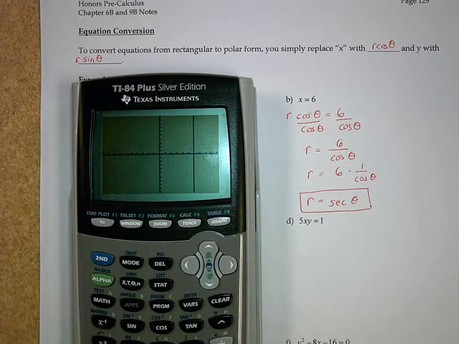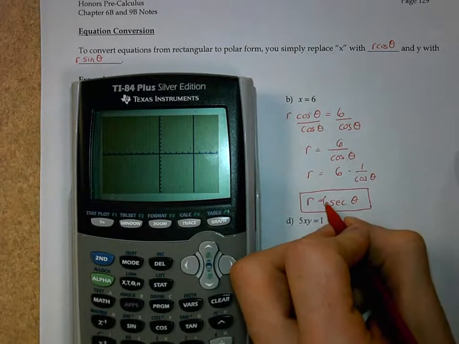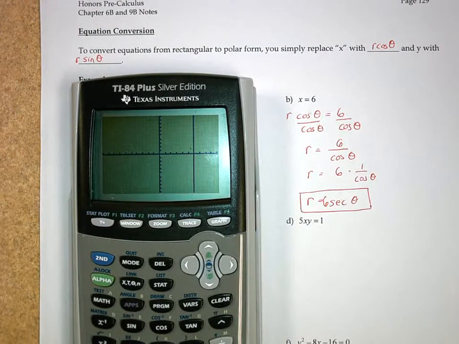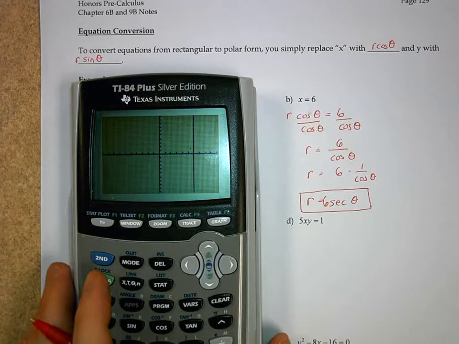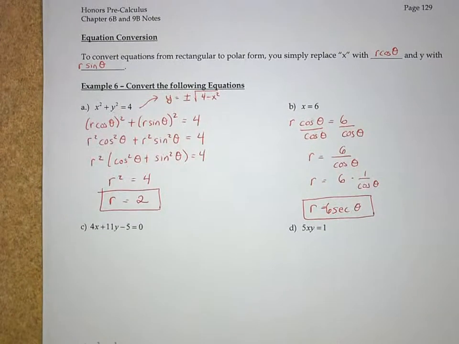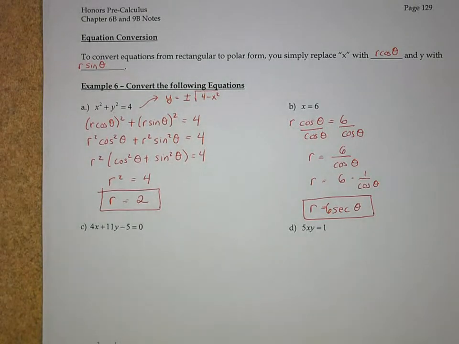Same thing as r equals the secant of theta. And actually this is 6 times the secant of theta. Forgot to put that there originally. So 6 units out times the secant of theta. So you can graph these pieces in polar coordinates by converting to polar form and then looking back at what you know about rectangular coordinates in order to confirm if your equations are correct.